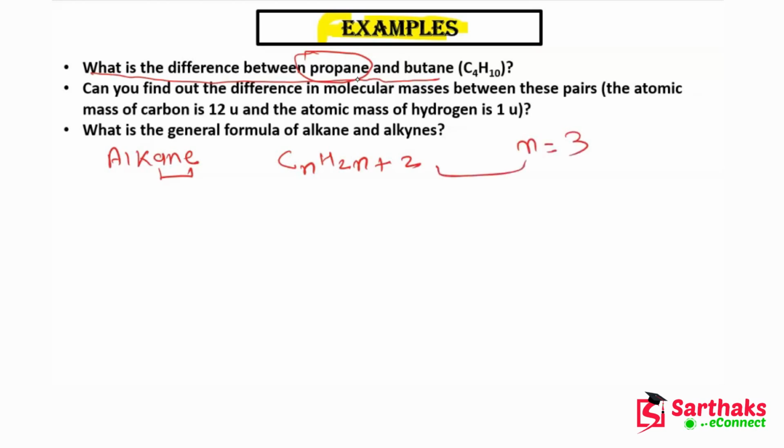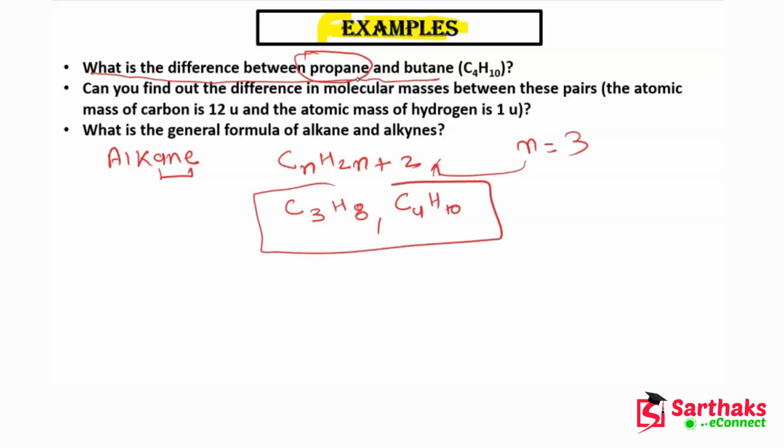If I put this in the formula, it gives C3H8. This is the formula for propane, and the formula of butane is already given, C4H10. We all know that alkanes differ by a CH2 unit. So the difference between C3H8 and C4H10 is CH2.